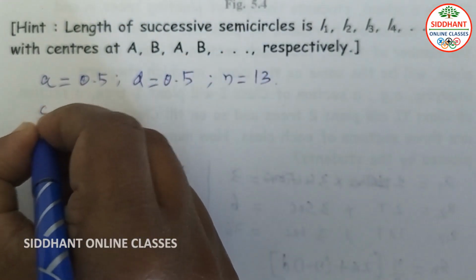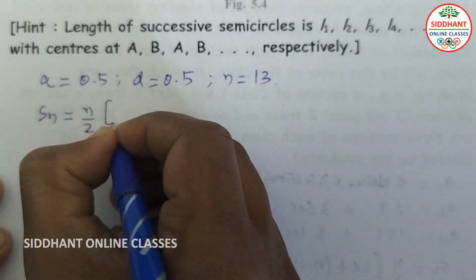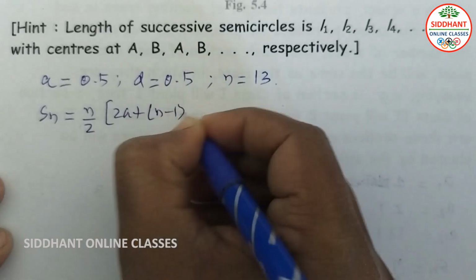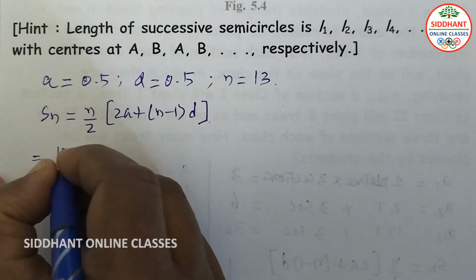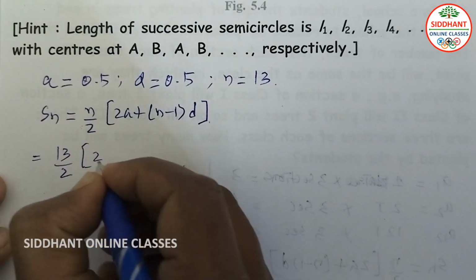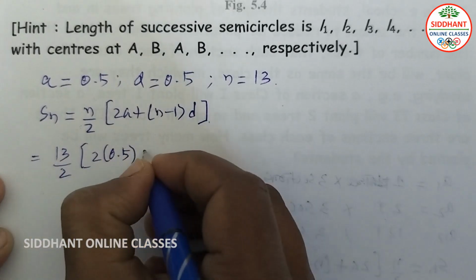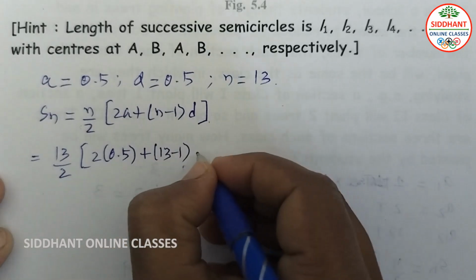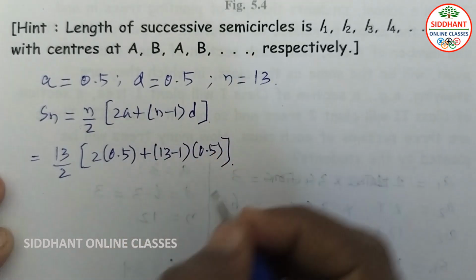So here the sum we are going to find out, that is n by 2 (2a plus (n minus 1) d) here. So that equals 13 by 2 here, (2 into 0.5 plus (13 minus 1) into 0.5) here.